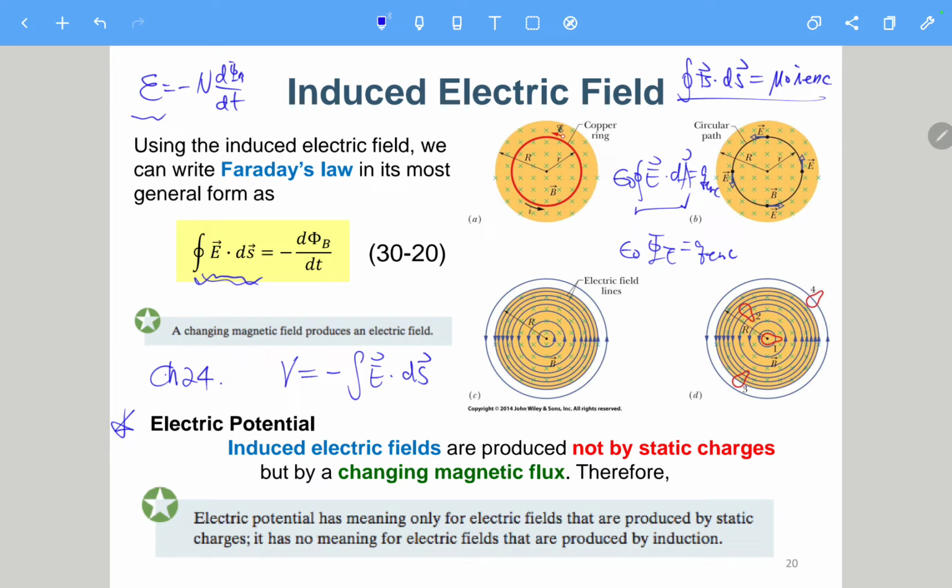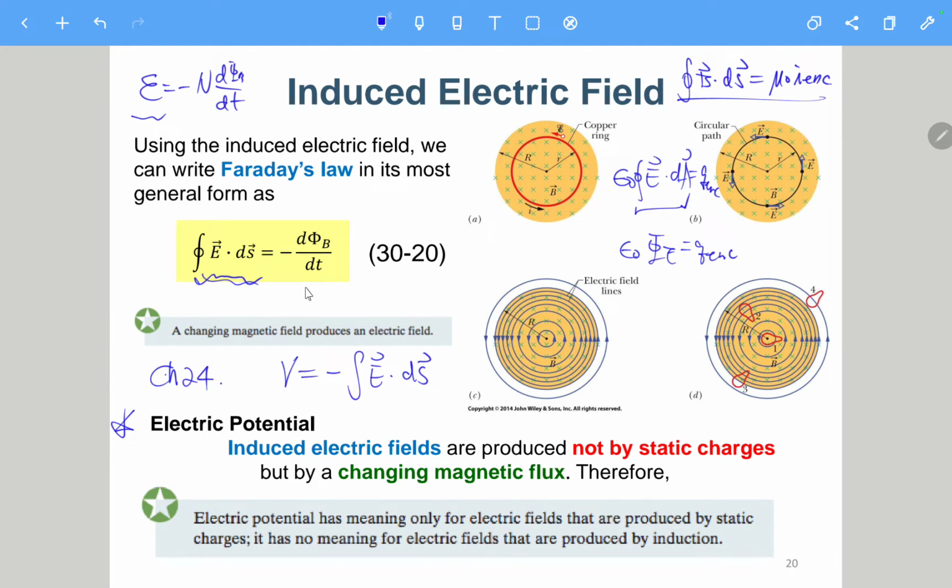At that time, it tells you that the potential difference, or sometimes I just call it the voltage difference, between these two points is only related to the initial point and the final point. It doesn't relate to the path. So when we have a closed loop, then V should be 0. But here, this closed line integral is not 0.